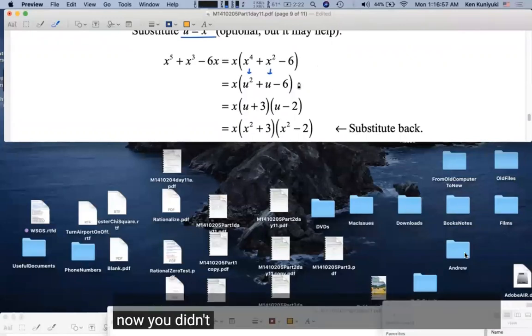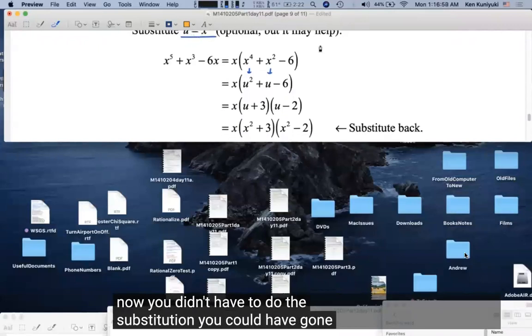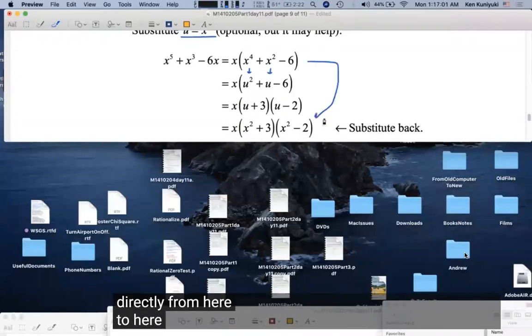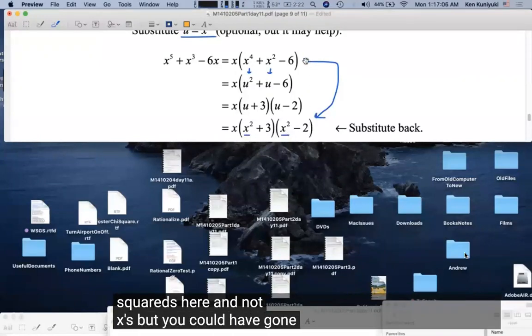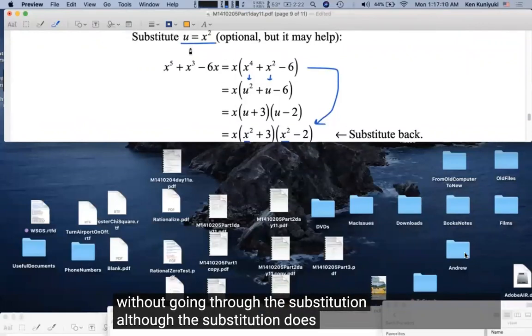Now, you didn't have to do the substitution. You could have gone directly from here to here. Remember that you have x squareds here and not x's. But you could have gone directly from here to here without going through the substitution, although the substitution does help many students.